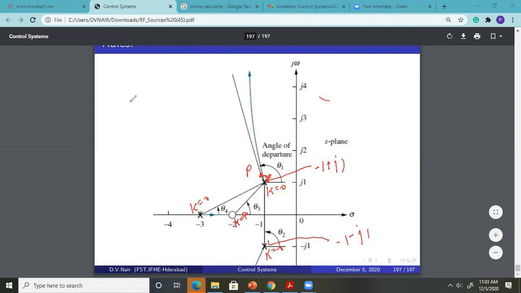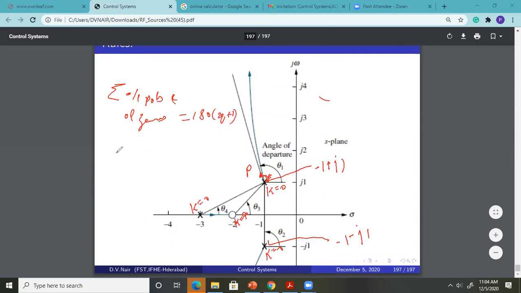We know what will be the total angle at point P for it to be on the root locus: the sum of all angles by open loop poles and open loop zeros, at a point in the complex plane, should be an odd multiple of 180 degrees, from the angle criterion.